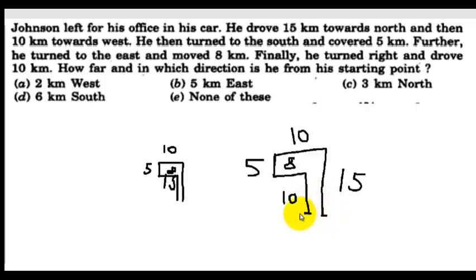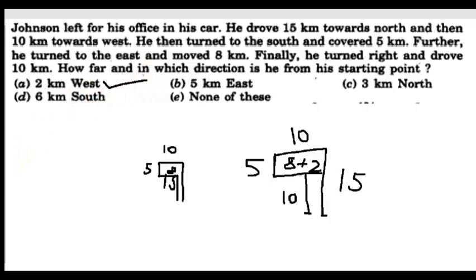Now this is towards the west. Presently he is towards the west. The distance will be 8 plus 2, which is 10. So it will be 2 kilometers west.